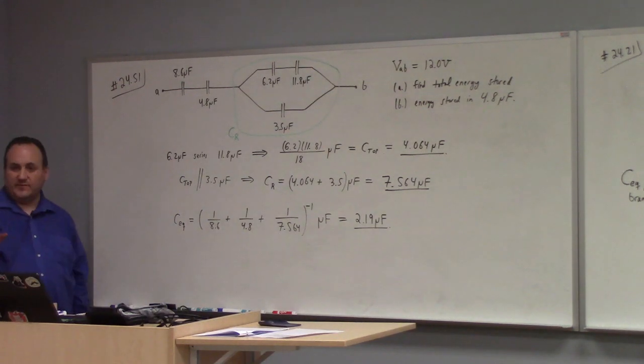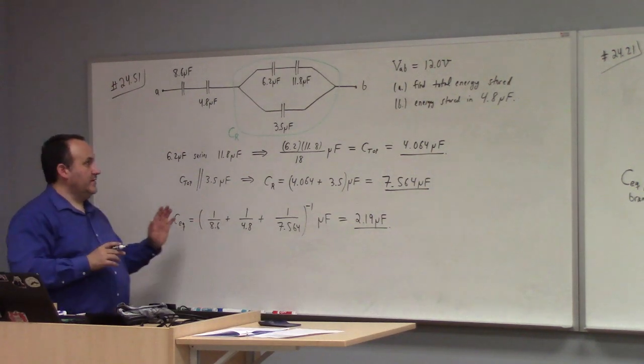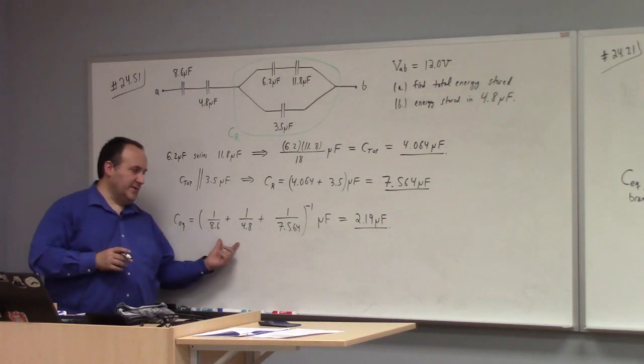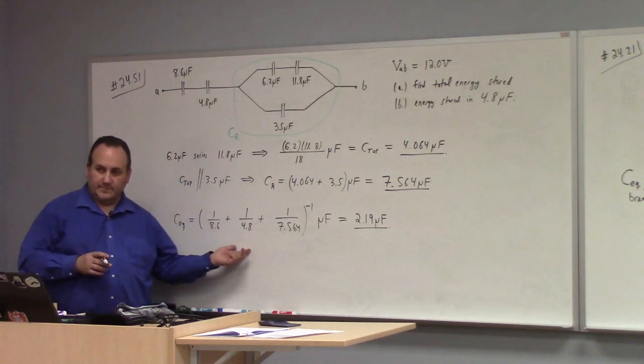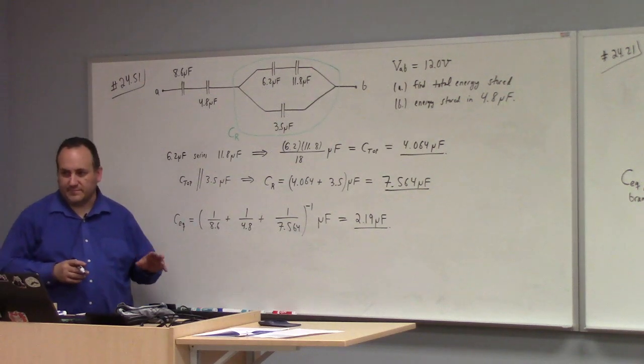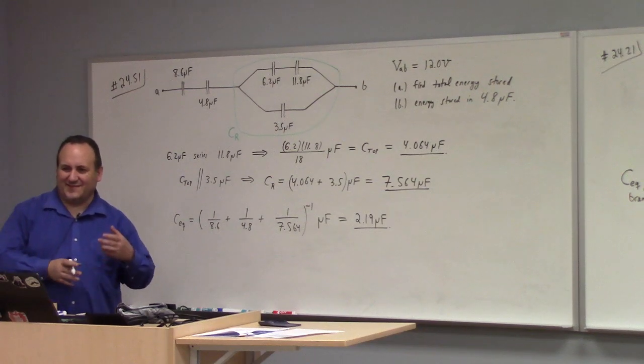Now, that seems reasonable. Let me explain why. Remember, when we put capacitors in series, the value of the equivalent should be smaller than the smallest one. It's just like resistors in parallel. It is kind of neat how these problems are dual. It's the same math, but the rules are reversed.